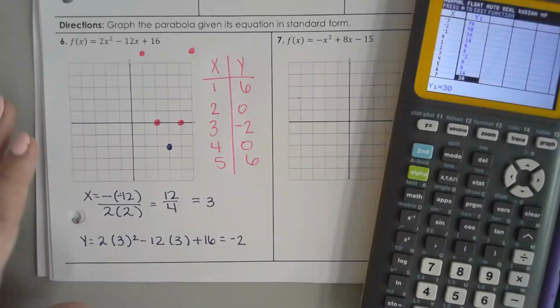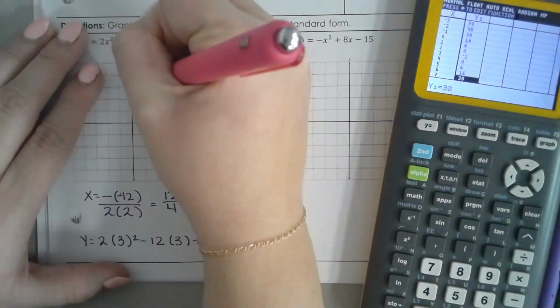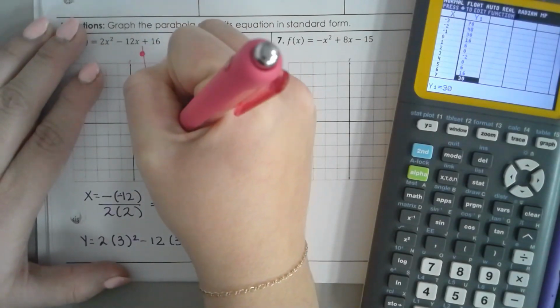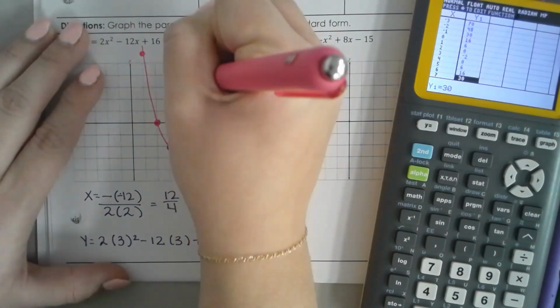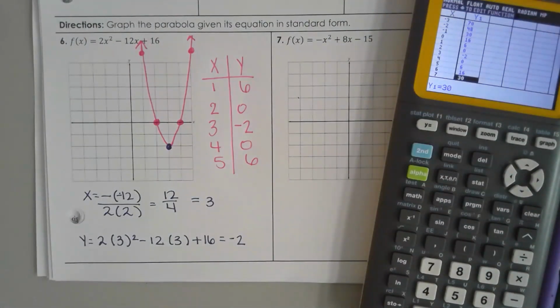I did draw some points off of the graph, but these points draw my parabola. So finding the vertex tells you where the center of your table needs to be.